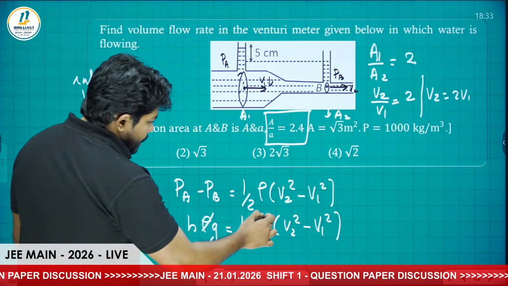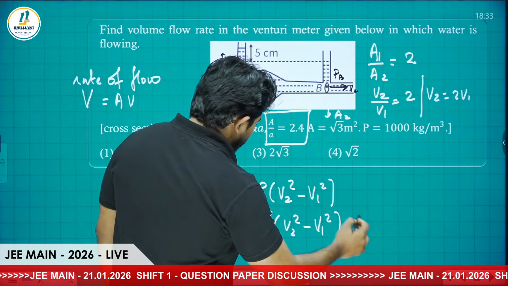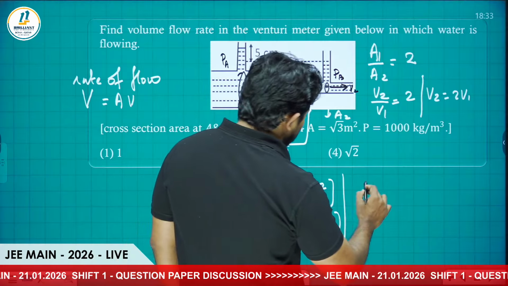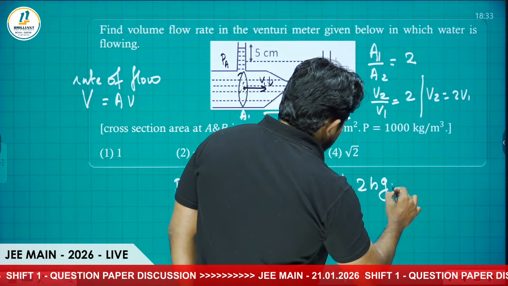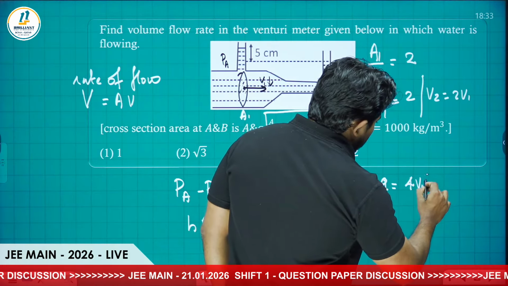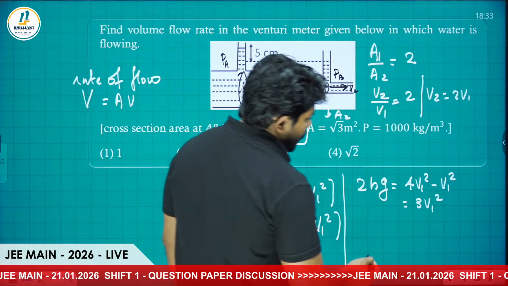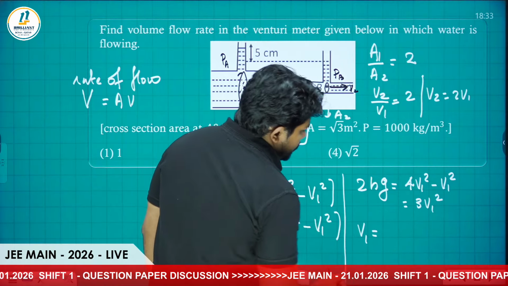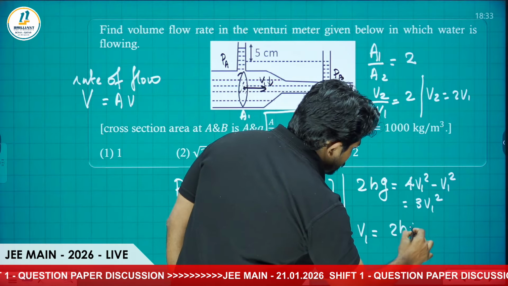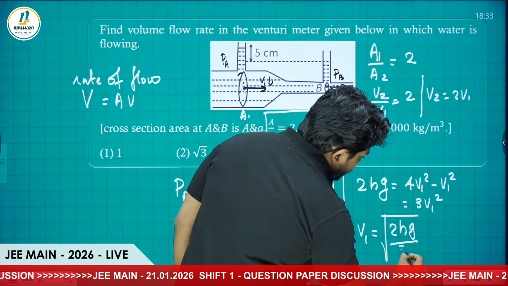Rho and rho get cancelled. We can rearrange the equation, and we know the value of V2. So 2HG should be equal to V2 square, which is 4V1 square, minus V1 square, that will be 3V1 square. So V1 will be equal to root of 2HG by 3.